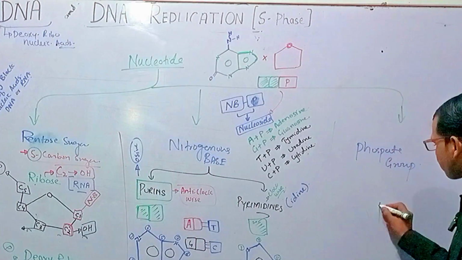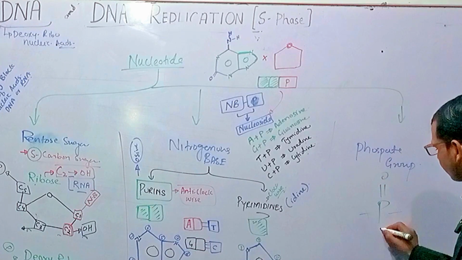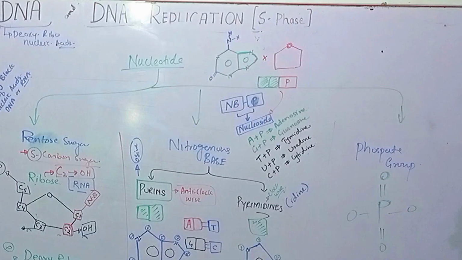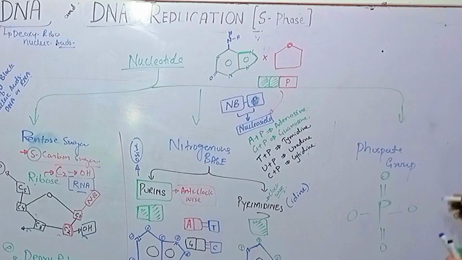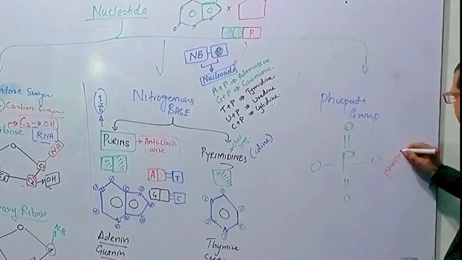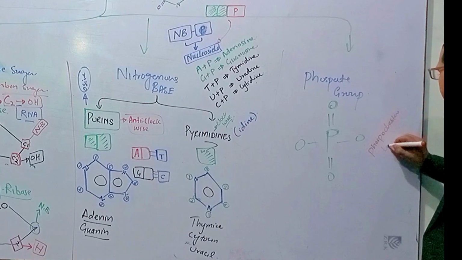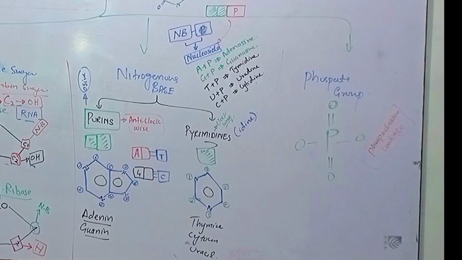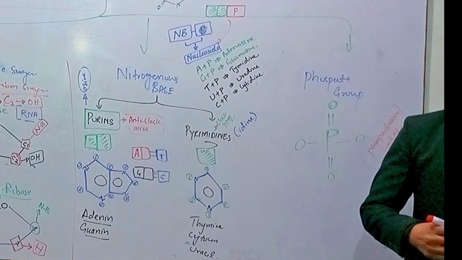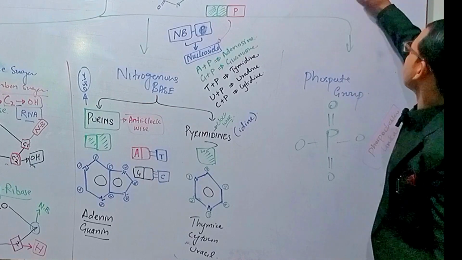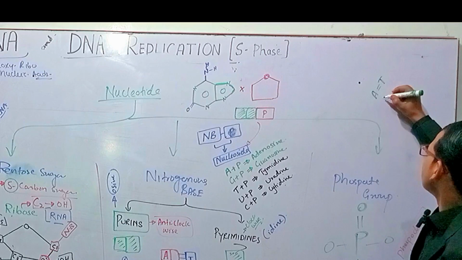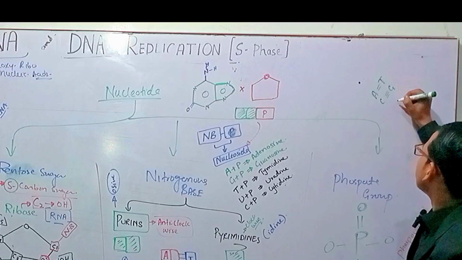It forms the phosphodiester bond, the phosphodiester linkage, with the pentose sugar, and this is one of the strongest bonds in DNA. Compare this with the hydrogen bonding that connects adenine with thymine and cytosine with guanine.